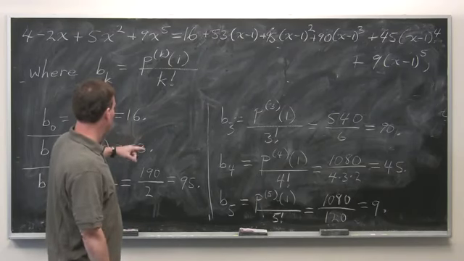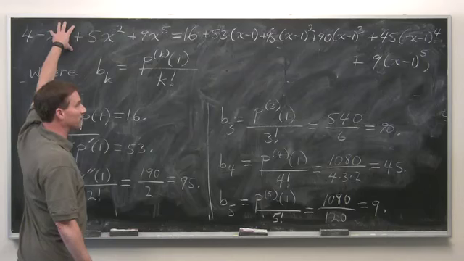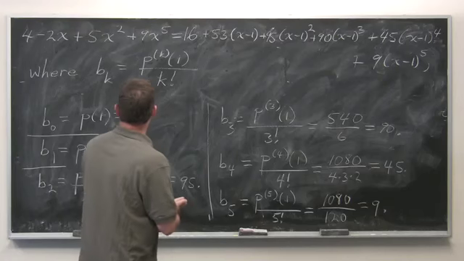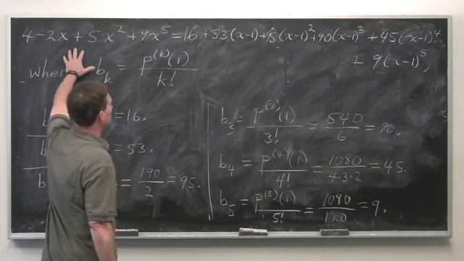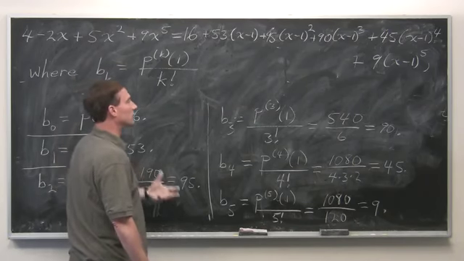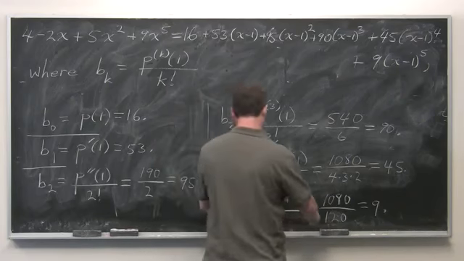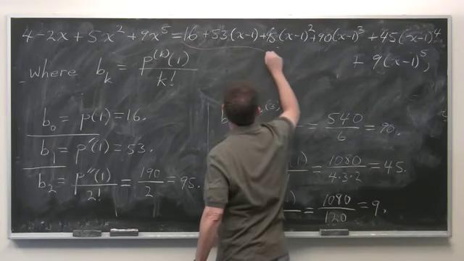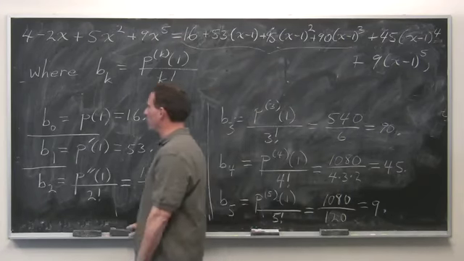You use that the coefficients are the derivatives of this evaluated at the center divided by the appropriate factorial. Our whole goal was to approximate this by a degree 3 polynomial where the approximation is good for x near 1. That means we would go out to there. So we would take that part as our approximation.